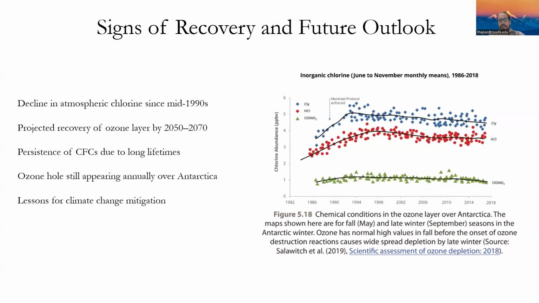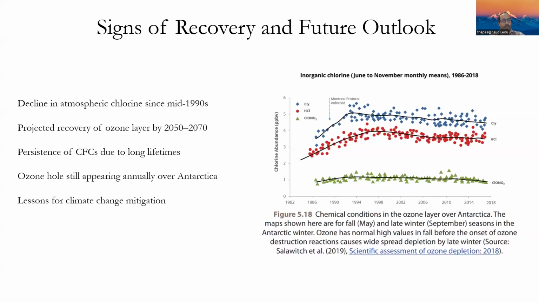Atmospheric chlorine has been declining since the mid 1990s, as shown in the figure, as a result of the Montreal Protocol. Projections suggest that the ozone layer could return to 1980 levels between 2050 and 2070, though the Antarctic ozone hole will continue appearing annually because these chlorofluorocarbons linger longer in the atmosphere because of their chemical properties.